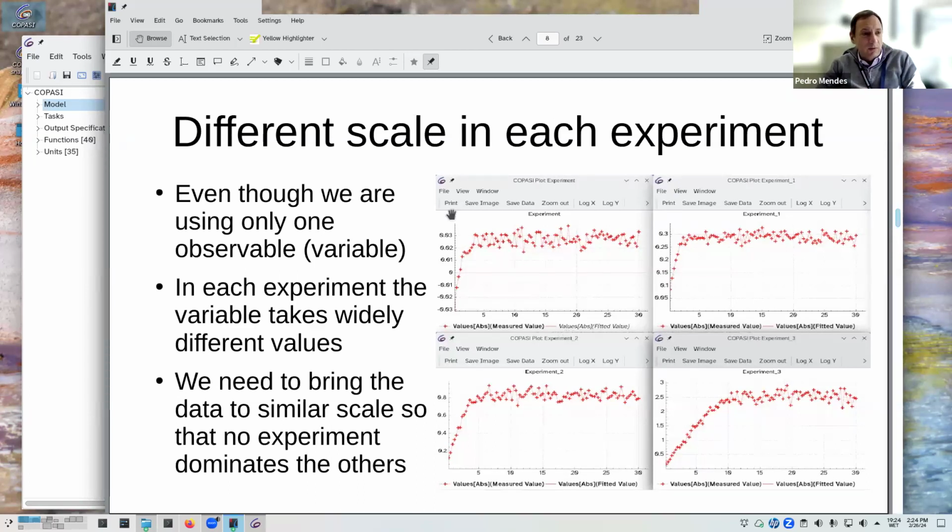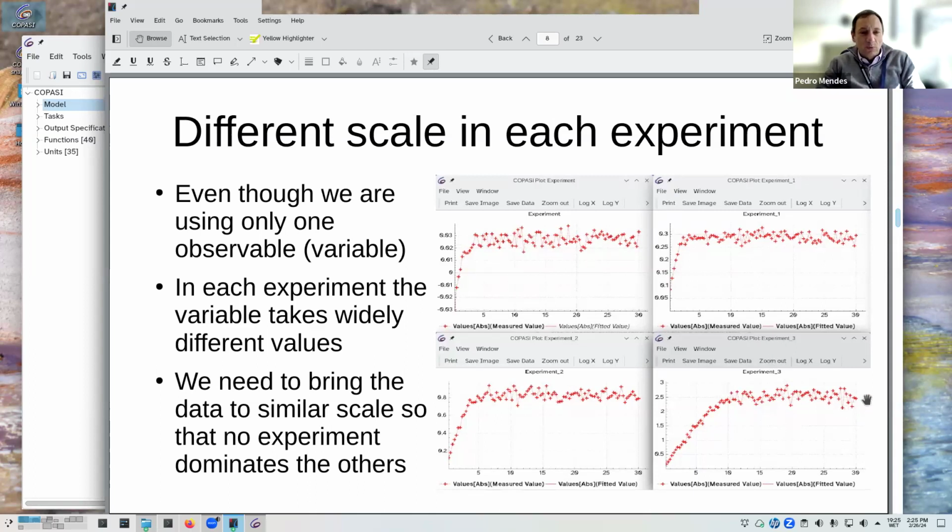And this is what this figure demonstrates: this variable is being measured here in different scales, as you can see, and therefore, if we were just using the data as it is, then this experiment would be fit because it has the largest residuals. But then this experiment would probably not be fit because it has very small residuals compared with those.